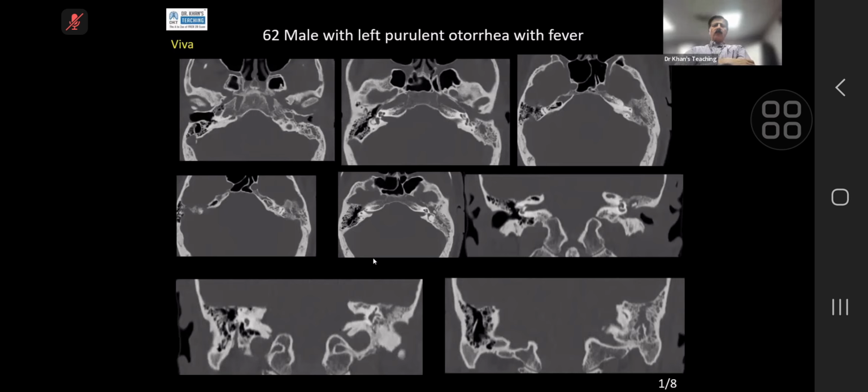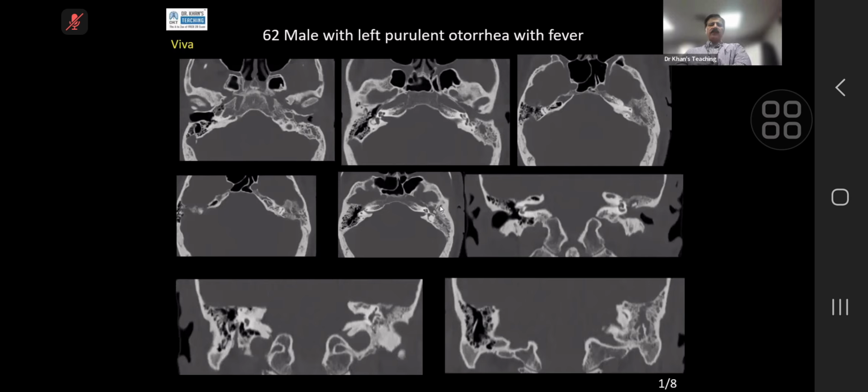So this is the last case of the day. Maybe you already know the diagnosis, but because we are doing petrous apex, I'm showing you a scan of a male patient who presented with purulent otorrhea with fever.